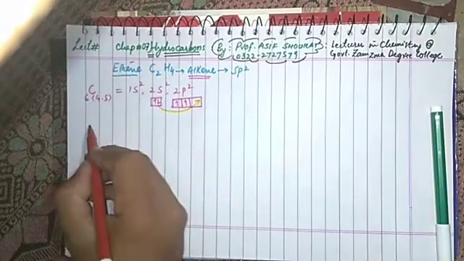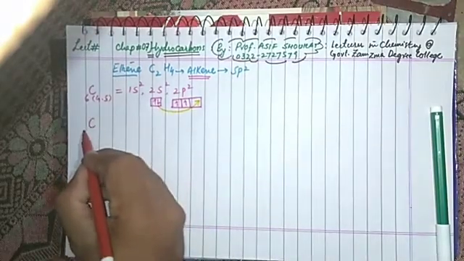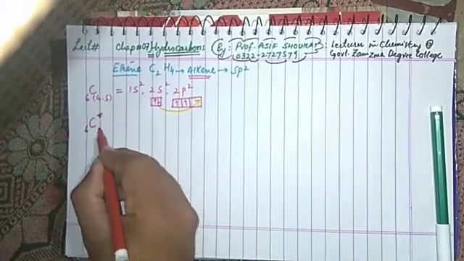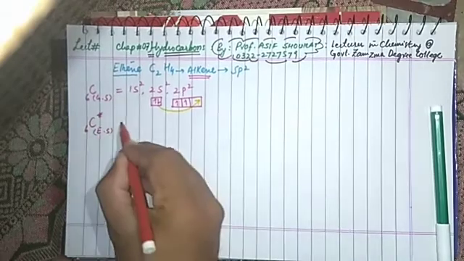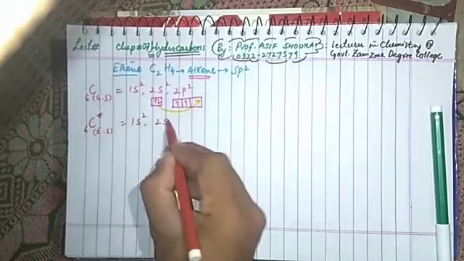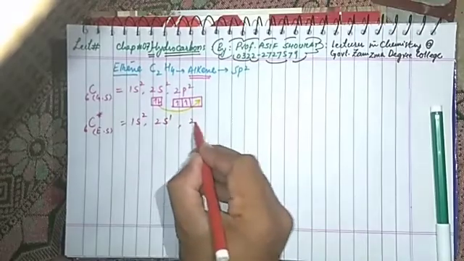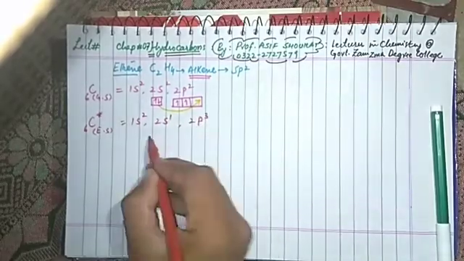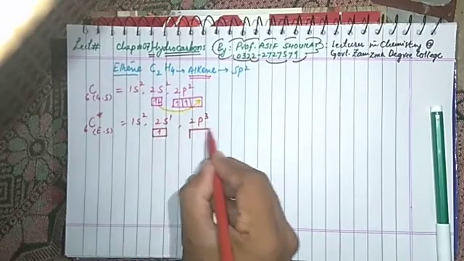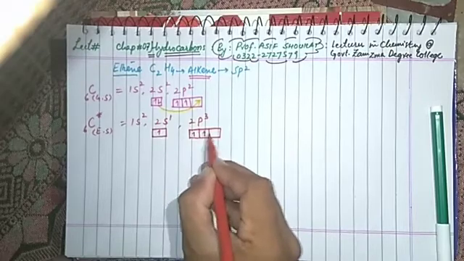If it jumps, then there must be some excitation process. In excited state, there would be 2 electrons in 1s, 1 electron in 2s and 3 electrons in 2p. You can show like this, 1 and these are the 3 electrons.